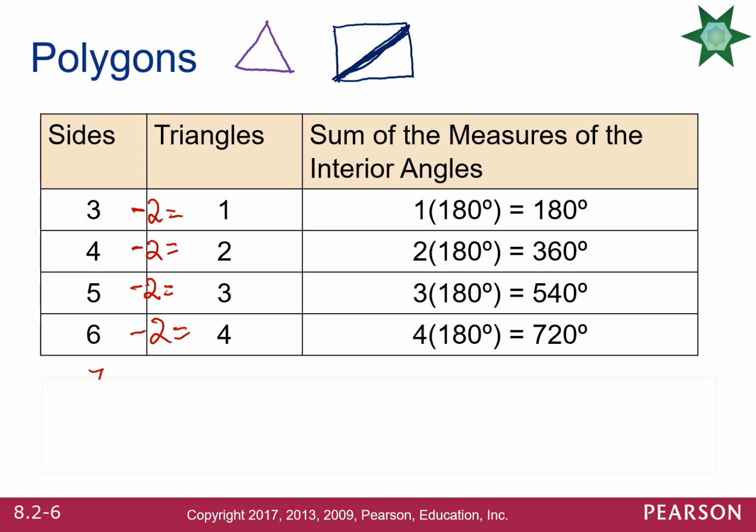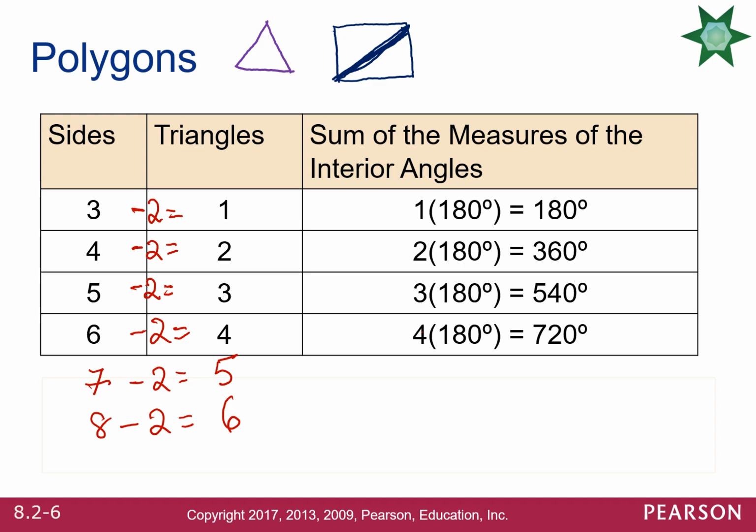So if a figure has 7 sides, how many triangles can we expect using deductive reasoning? 7 minus 2 would be 5, correct? If it's 8, then we can dissect an octagon into 6 triangles.